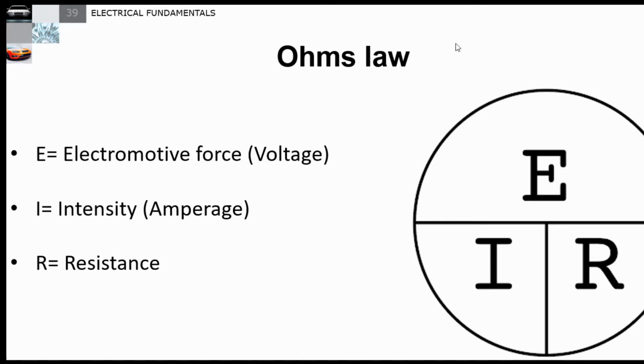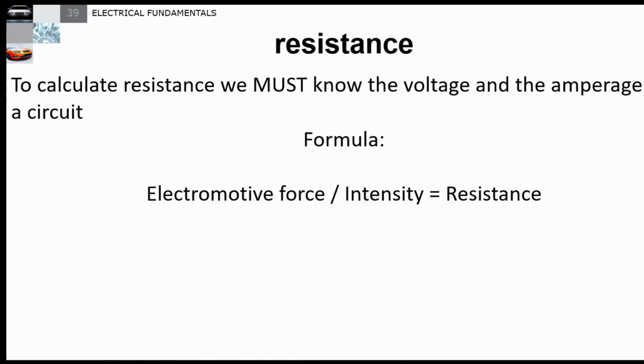Okay? The beauty of Ohm's law is that we can use any two of these readings to give us the answer for the third reading. So today we're going to start off simply with one of these, and we're going to start talking about resistance.